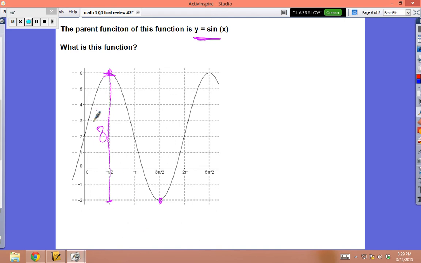So 8 units, halfway between that is 4. So 1, 2, 3, let's see, where is it? Right here. That's got to be the halfway, 4 above and 4 below. So my amplitude is 4. And this is my dead center, and it should be down here on 0, so I know that it's been shifted up twice. So my vertical shift equals up 2.